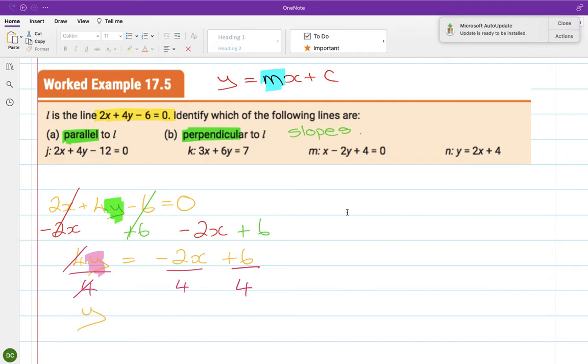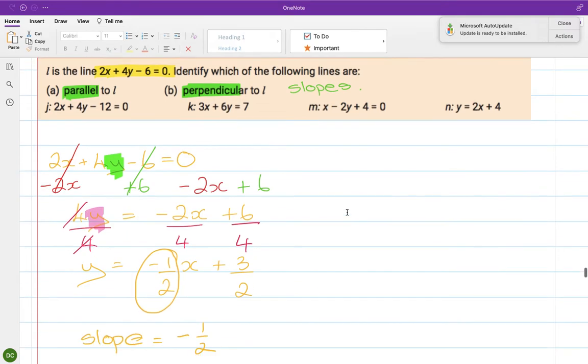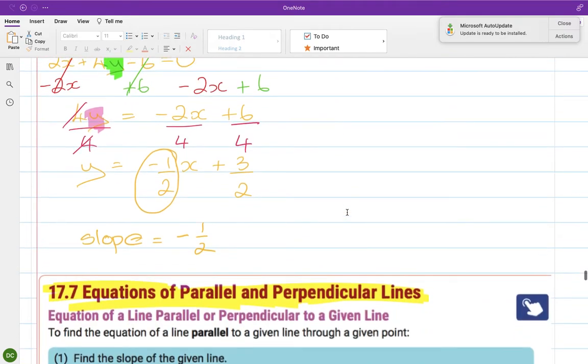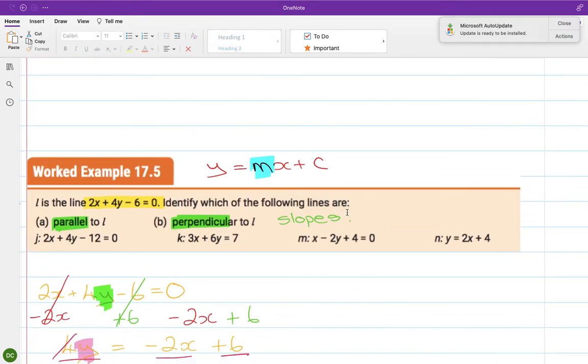So then I get y equals minus 2 over 4, which is the same as minus a half x, and 6 over 4 is the same as 3 over 2. So what's the slope of this line? It's there in front of the x, so the slope equals minus a half. So that's the first line up here.